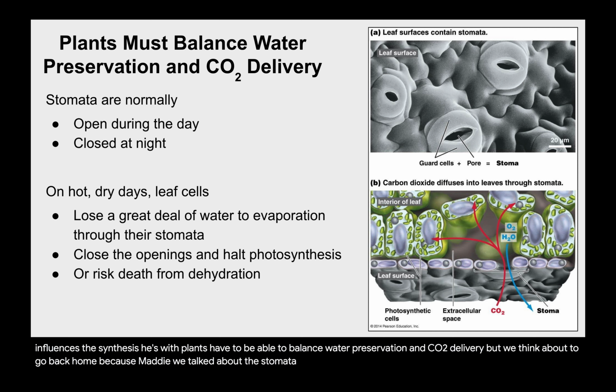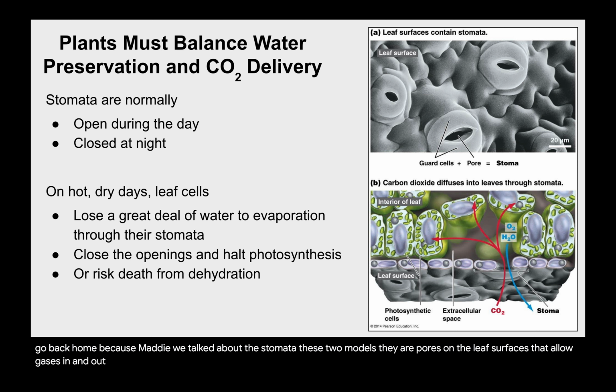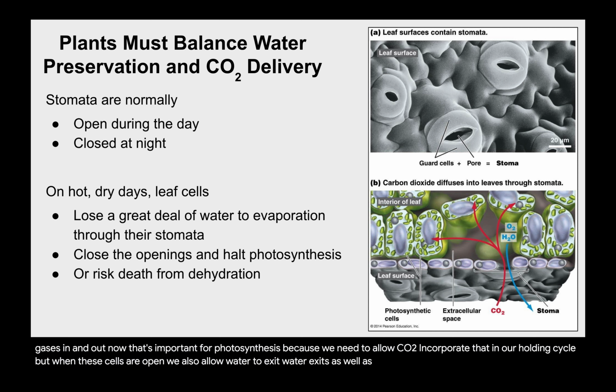These stomata are pores on the leaf surfaces that allow gases in and out. That's important for photosynthesis because we need to allow CO2 to come into our cells because we incorporate that in our Calvin cycle. But when these pores are open, we also allow water to exit. Water exits as well as oxygen, that byproduct of the light reactions.